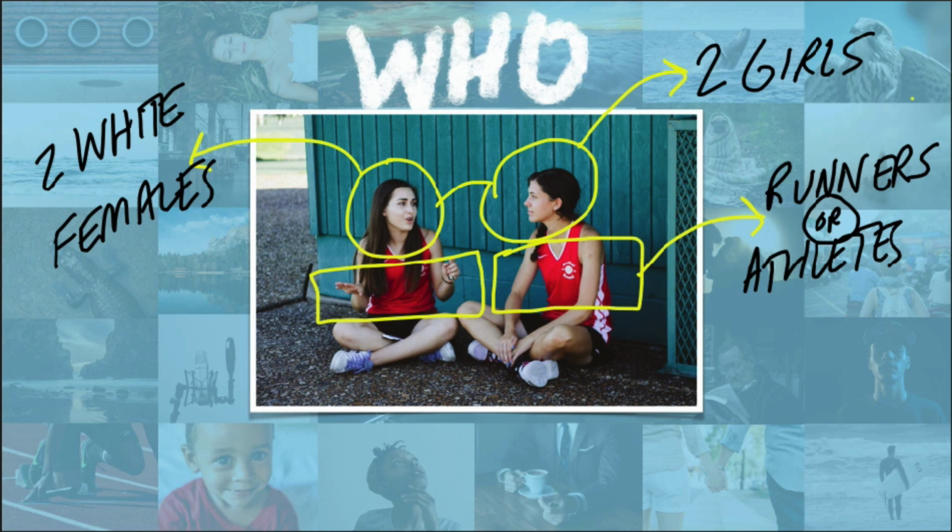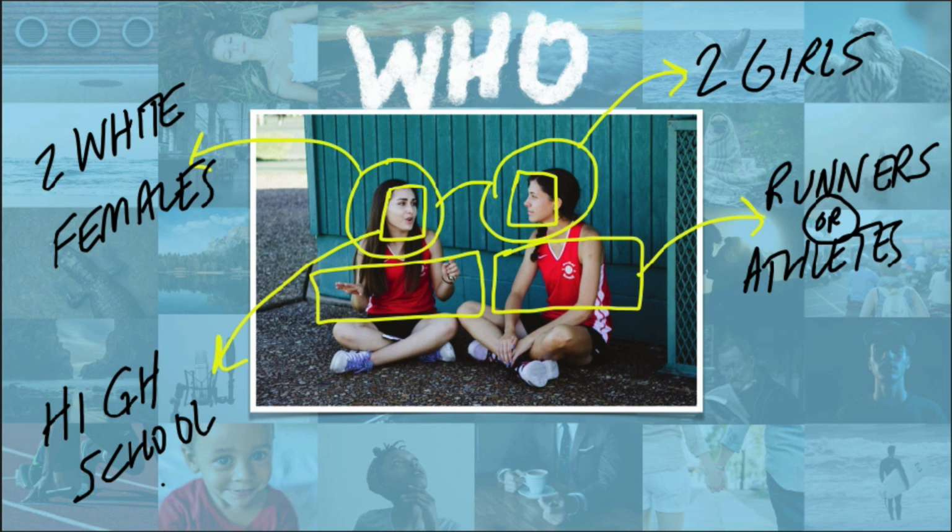And then if we look in more detail, her face looks quite young and so does her face. So maybe these 2 white females or these 2 girls are actually high school students.